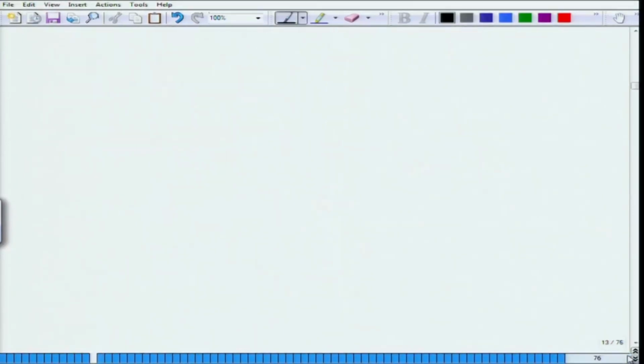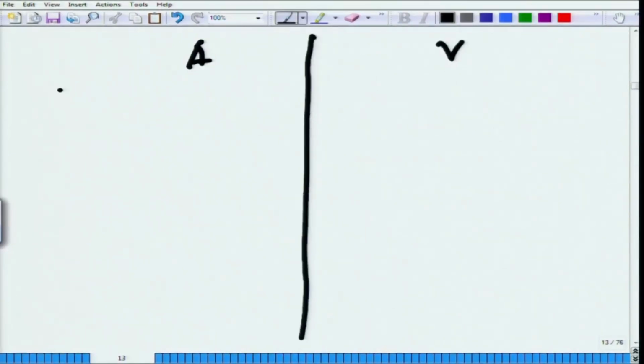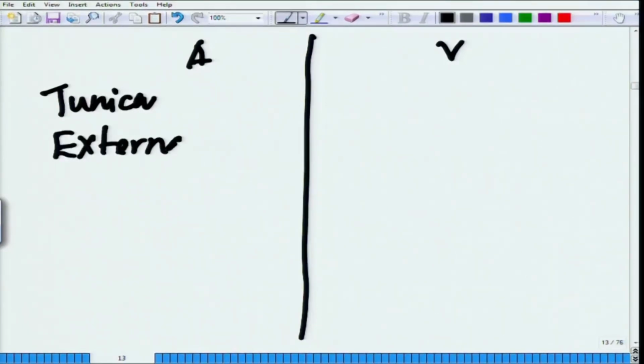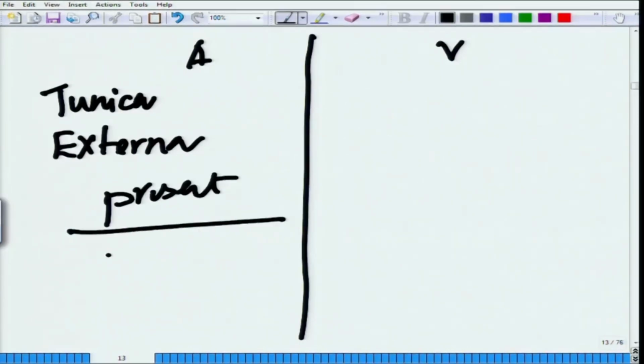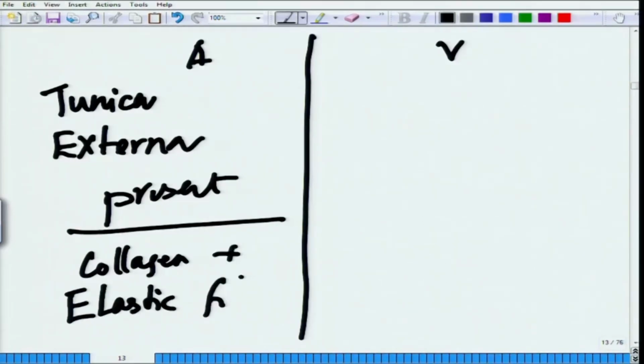And in terms of arteries and veins, in terms of tunica externa, it is present, with a lot of collagen plus elastic fibers, whereas the external elastic membrane is absent in veins, and collagen and smooth muscle fibers are present in the tunica externa.